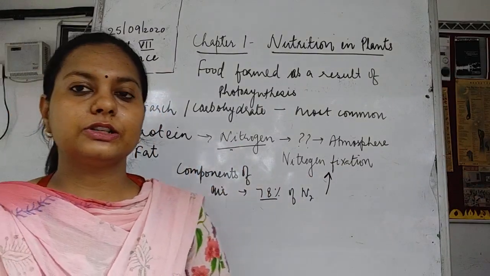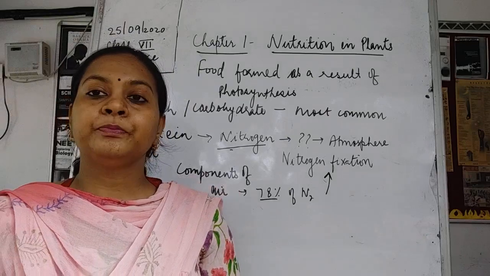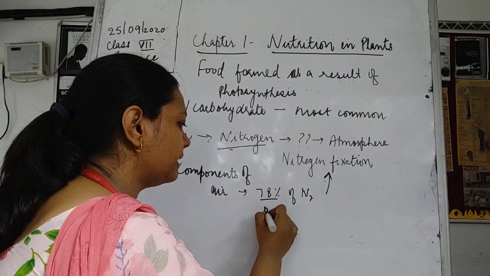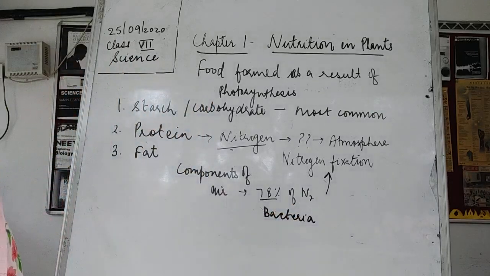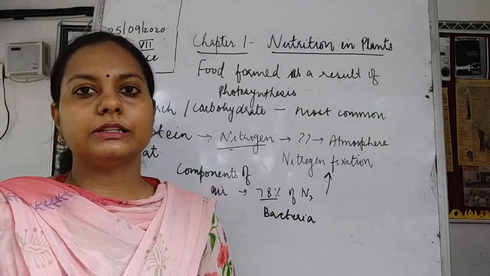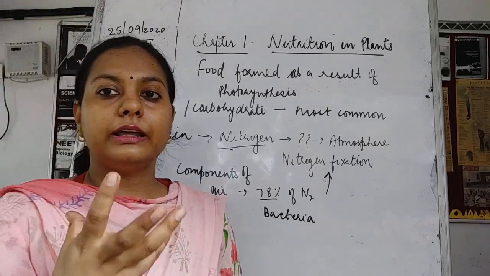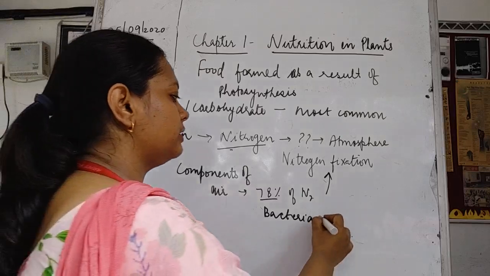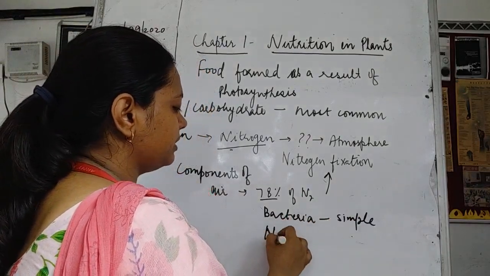Again, nitrogen fixation is a very vast topic, and it is not given over here. I just wanted to tell you that it takes place because of the presence of bacteria. These special bacteria have a machinery by which they take up this nitrogen and convert it into simpler forms. Nitrogen is a big, complex molecule.